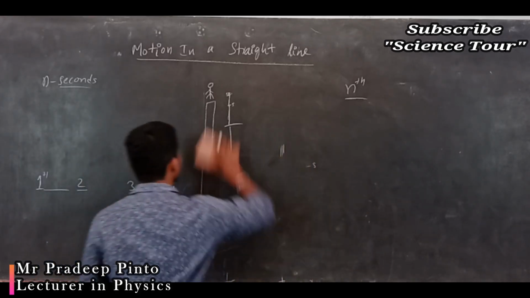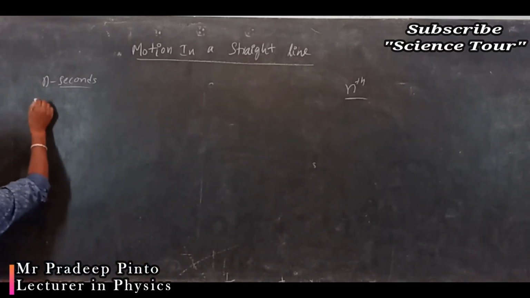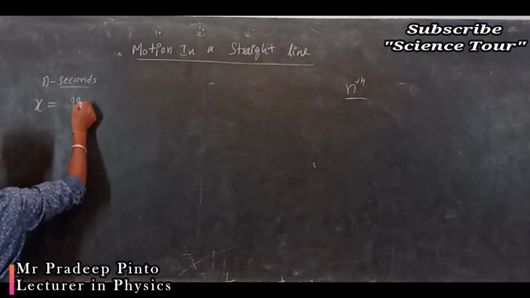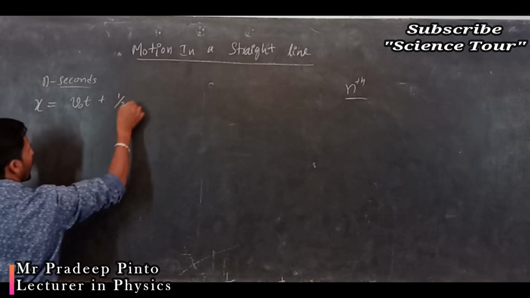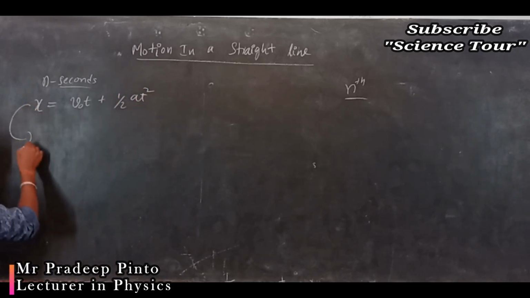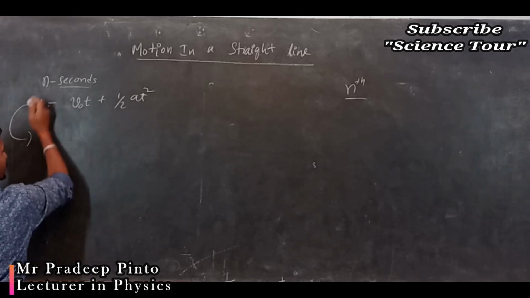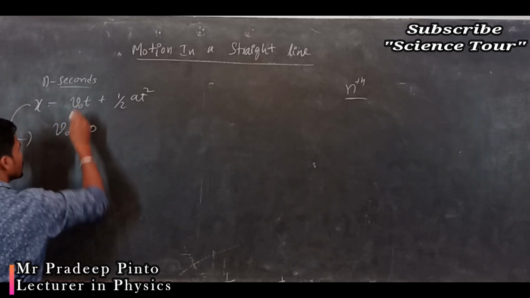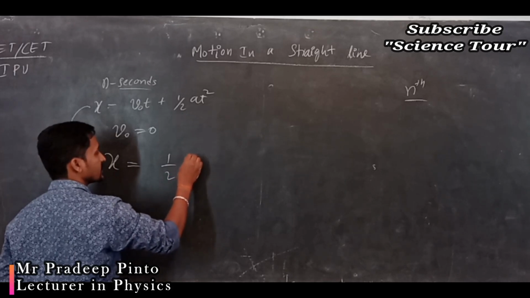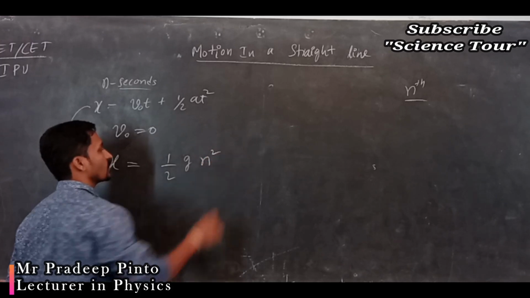Now generally, for n seconds the distance travelled is x = v naught t + half a t square. We modify it as follows: since the initial velocity is 0, I take v naught equal to 0. So in n seconds, since it is free fall, downward, I can write g: x = half g n square.